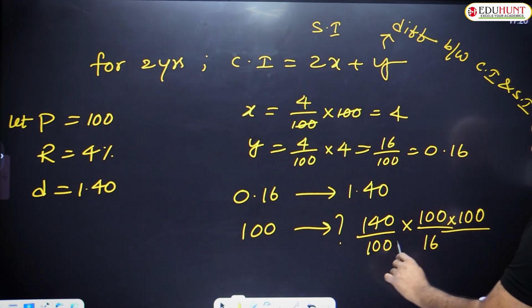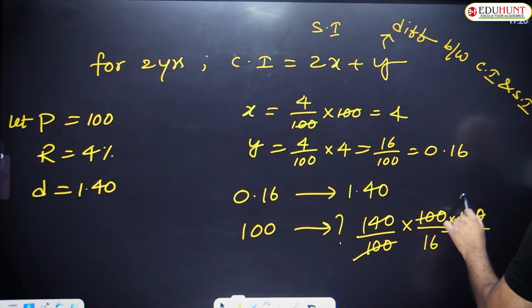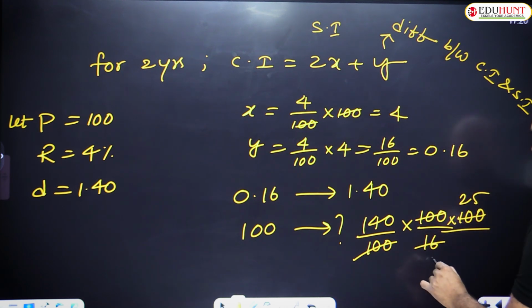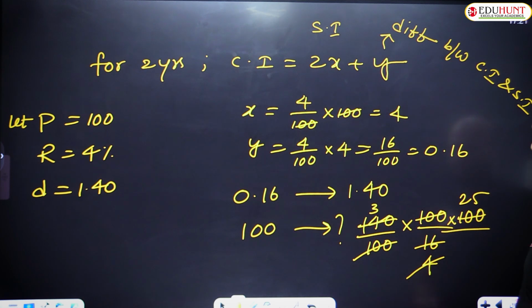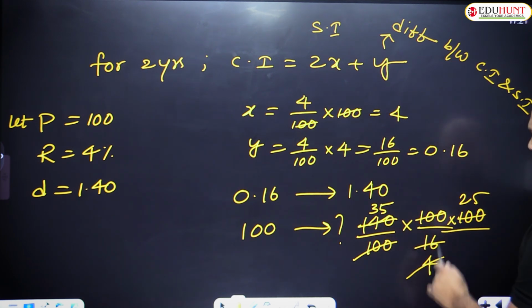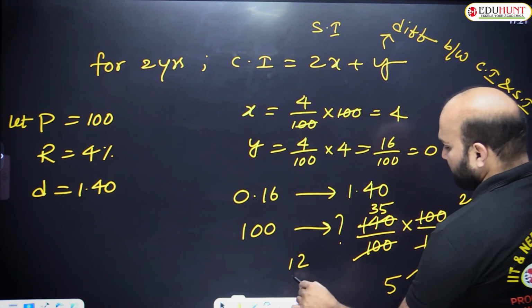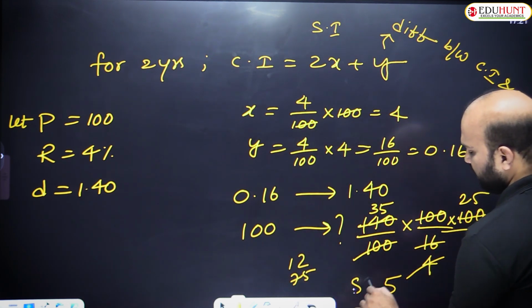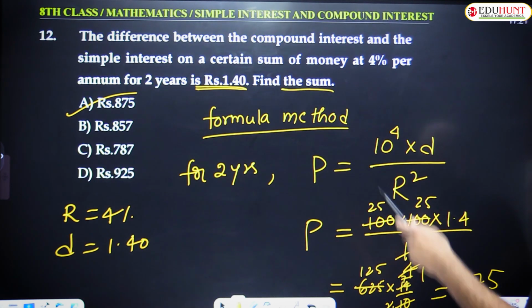Am I clear? 100 cancels, and 4 25s: 4 4s are 16, again 4 3s are 4 3s are 4 5s are 35 into 25. 25 5s are 125, 25 7s are 175. What is the total? 875. So this is the 100% value. 875 is the required answer. Option A is the right answer.